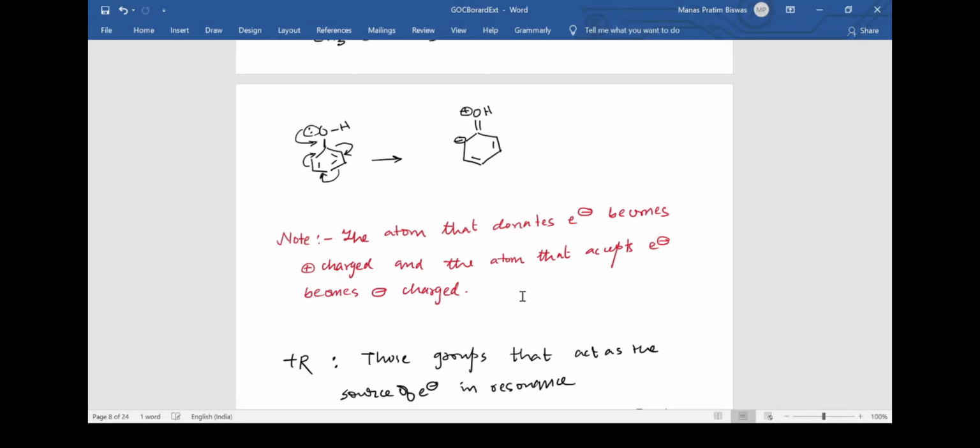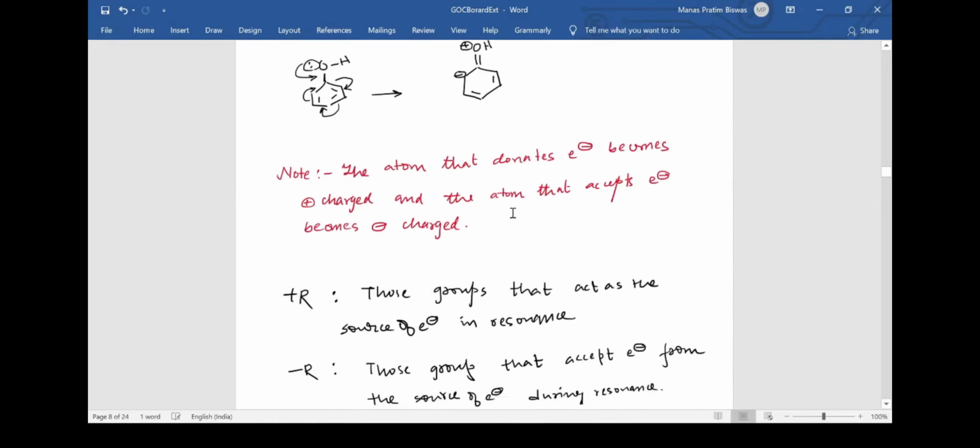If you remember this statement, you can easily identify that the oxygen's lone pair was transferred, so oxygen is getting positively charged, and this extra pi bonded electron is shifting over to this carbon. That means the carbon is having an extra electron, which is why it's becoming negatively charged. You can remember it like that. It will help you in drawing the resonance structures.